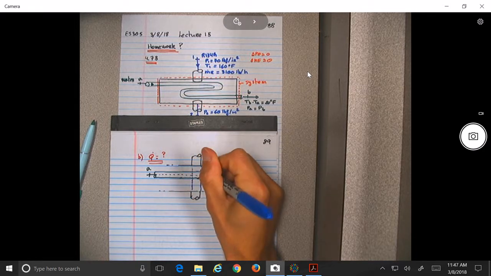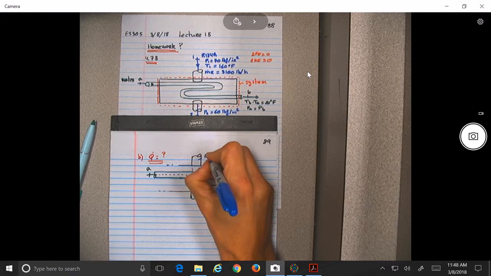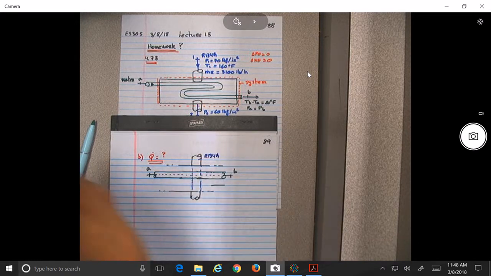So there is refrigerant 134A in blue, and there is water going in green, no?